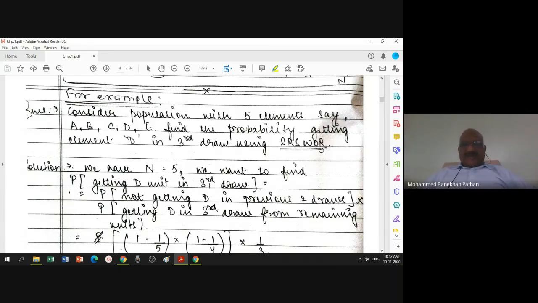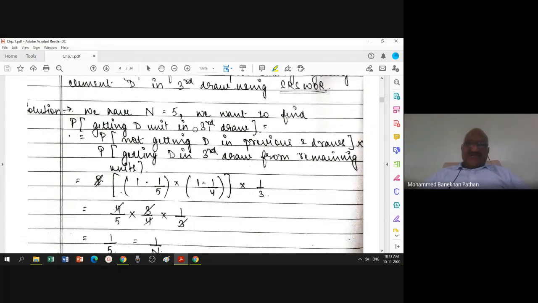This example is taken just to illustrate the theorem, because in real life a population is never small like this. The reason for adopting sampling is that the population is very large. It is only for illustration. See what the solution says.